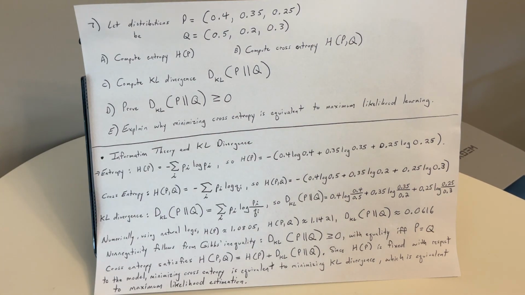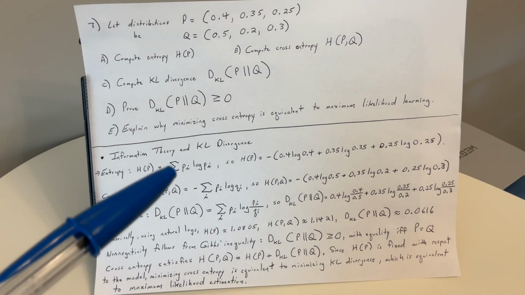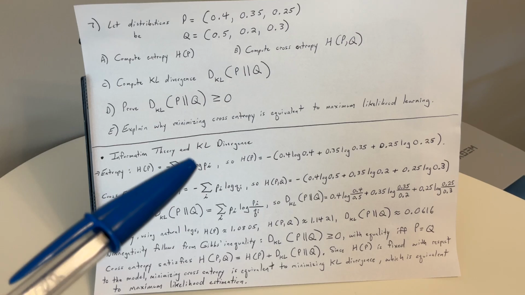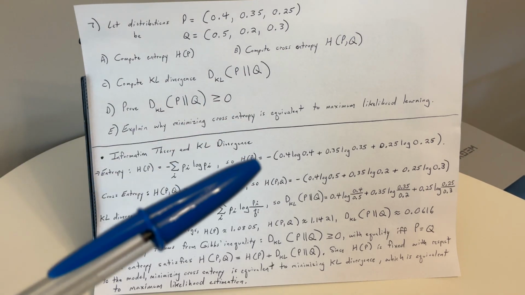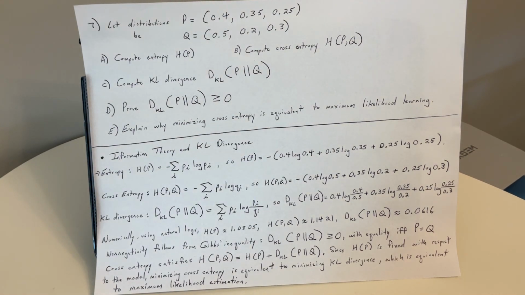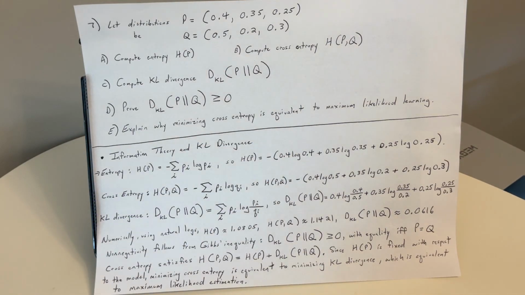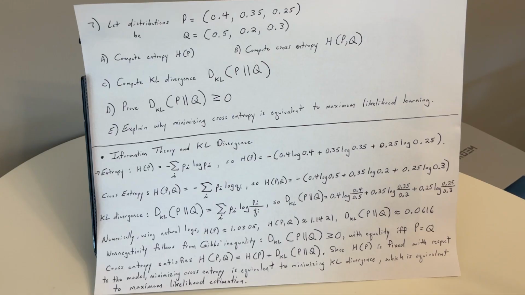So entropy of P equals the negative sum, sigma i, p sub i log p sub i. So this entropy of P equals negative the quantity 0.4 log 0.4 plus 0.35 log 0.35 plus 0.25 log 0.25.